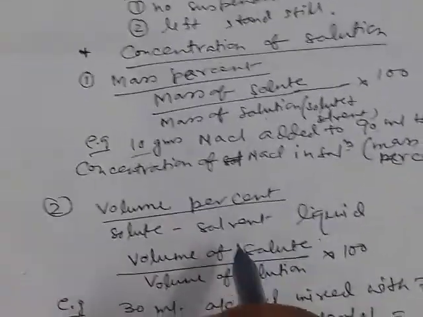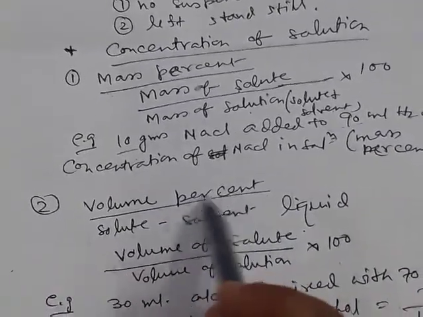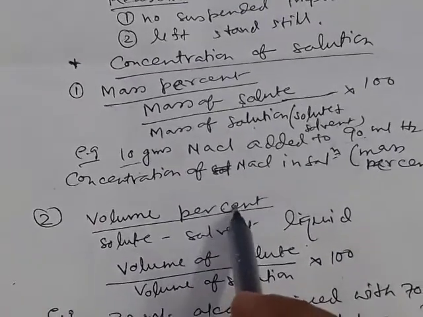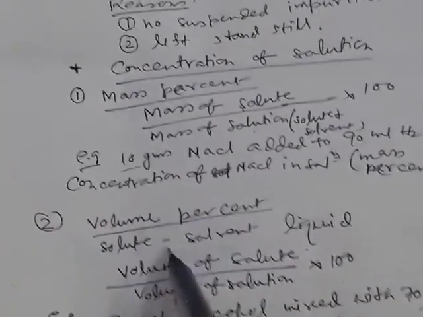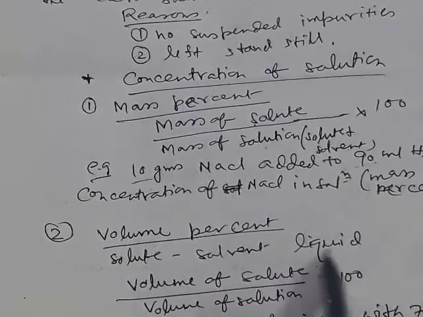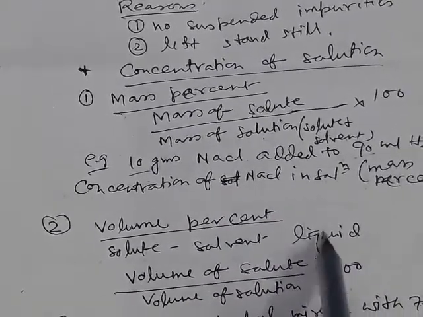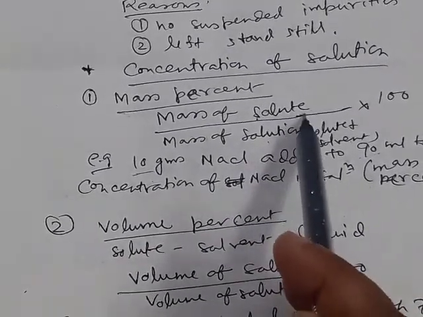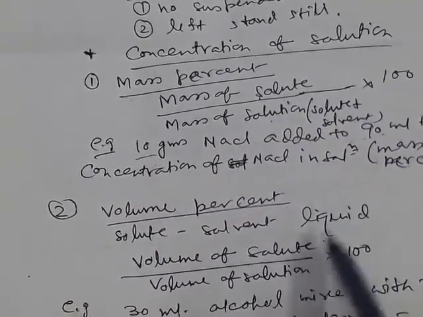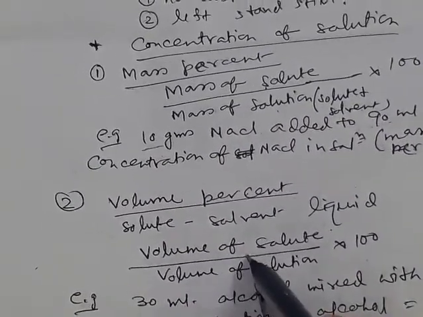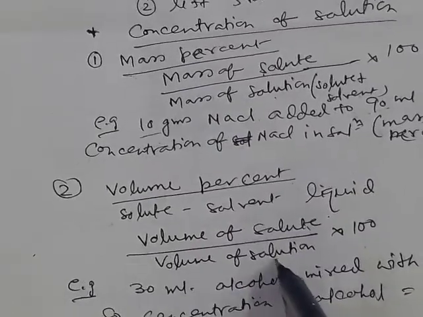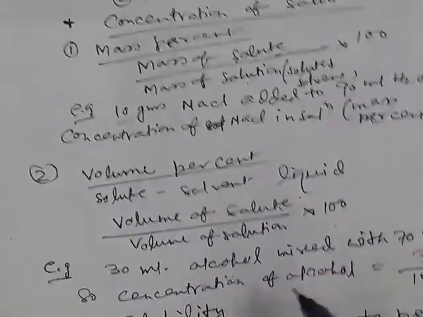Now volume percent. Concentration can be given in terms of volume percent when solute and solvent both are liquid. Then you cannot use their amount in mass, we have to use their amount in volume, that is the volume of solute divided by the volume of solution into 100.